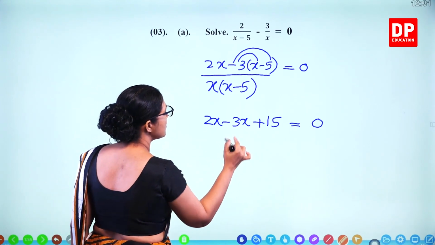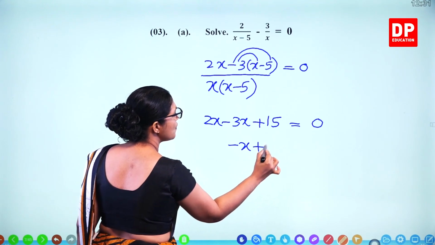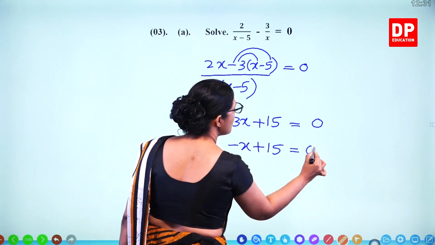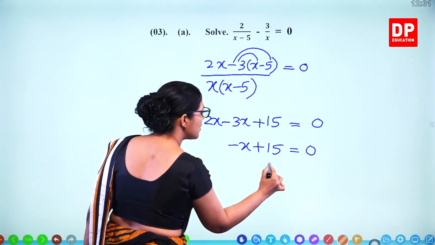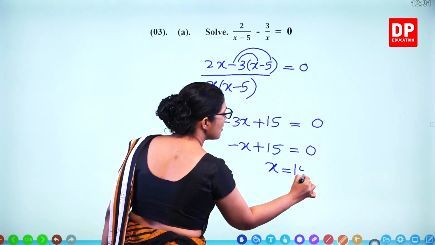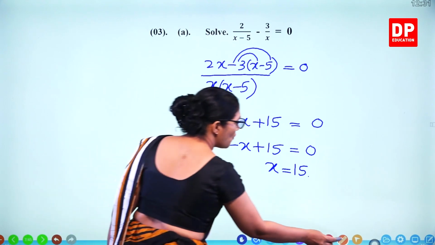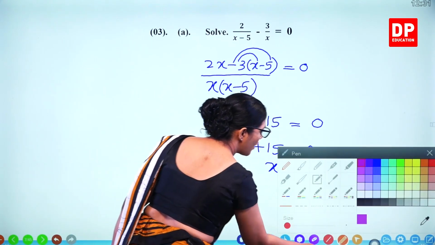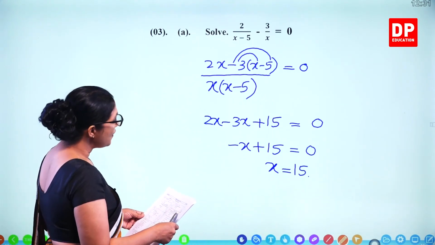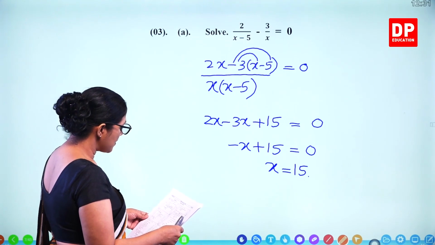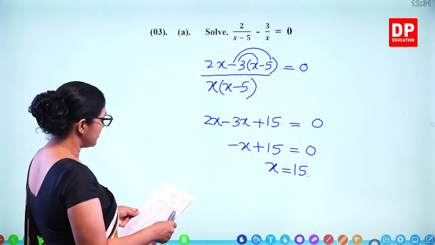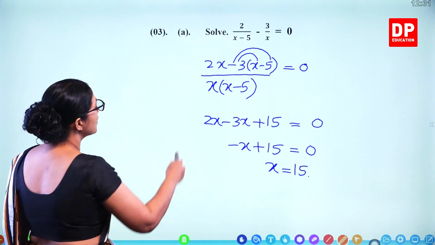So 2x minus 3x is minus x plus 15 is equal to 0. Take minus x to the other side. x becomes 15. That's an easy one. Not a quadratic equation you are getting. So how many marks for that? According to the marking scheme, you are getting 4 marks for that.